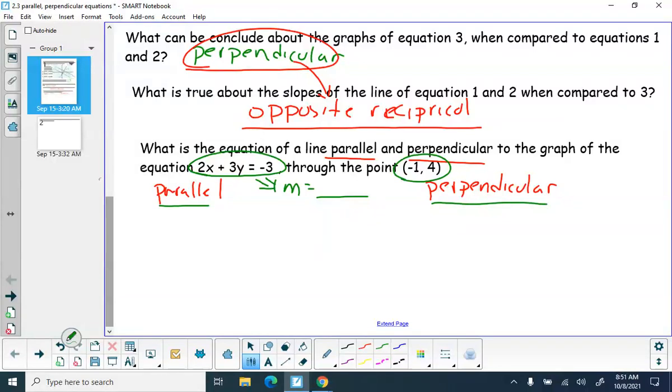If I have the equation 2x plus 3y is equal to -3, I can put it in the form y equals mx plus b and determine the slope of that original line. Solve for y.